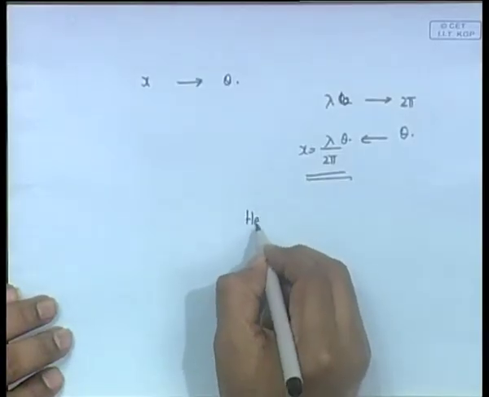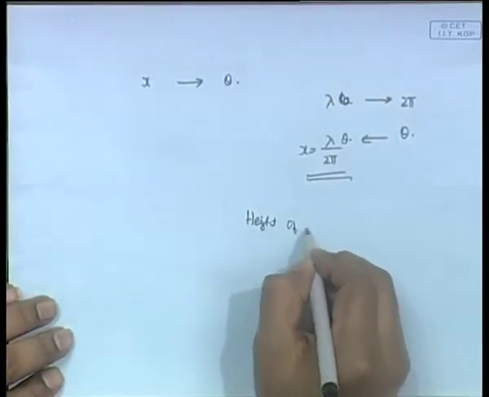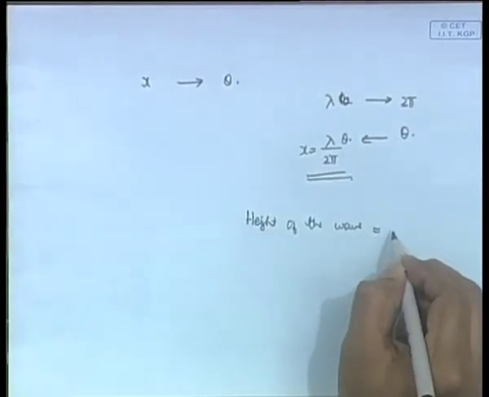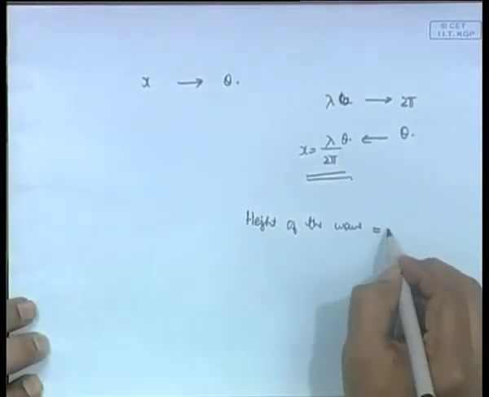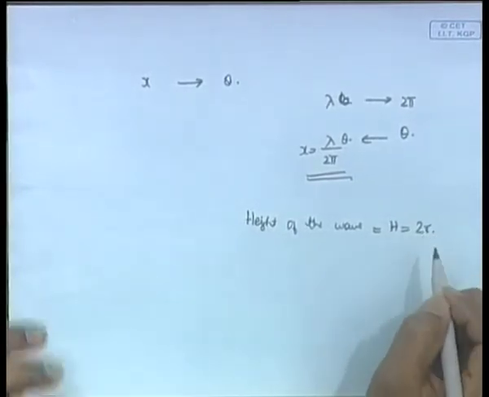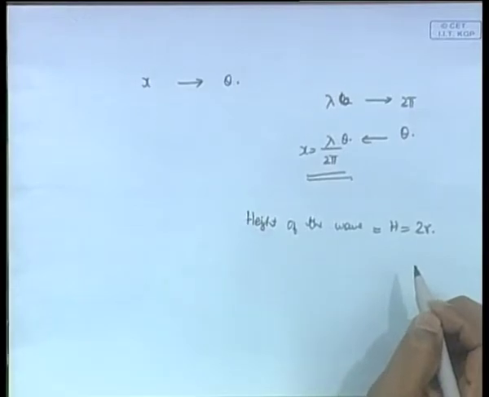So, in this case you will see that the height of the wave, which we call h, is equal to 2r, where r is the radius of the circle.